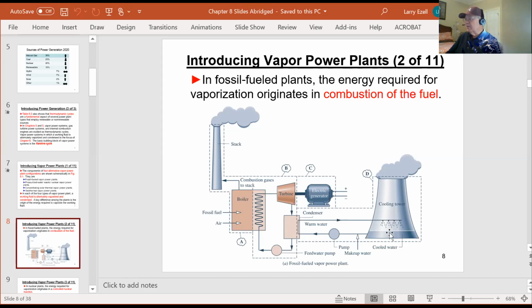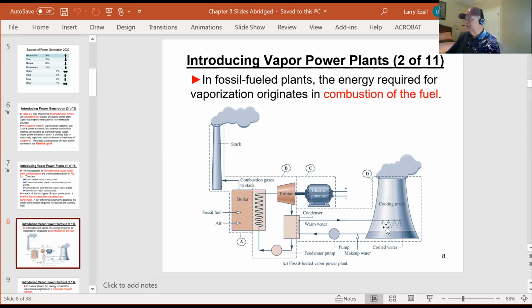But a cooling tower has a water sump down here, and it picks the water up, goes through, and picks up the heat in the condenser to cool the condenser, and then comes back, and then it's sprayed in a vapor form. As this water vaporizes, it has a tremendous cooling effect.